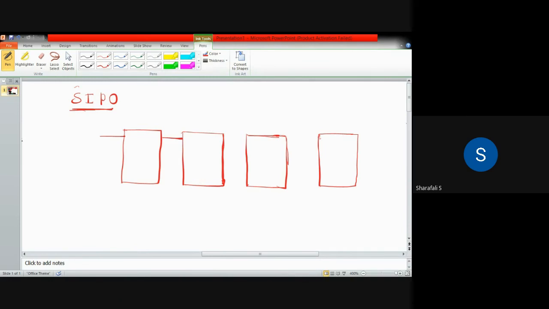And here the output of the second one is fetched into the third, and like that. So that is the serial input configuration. The output of the first flip-flop will be fetched into the input of the second when you are having that serial input configuration.